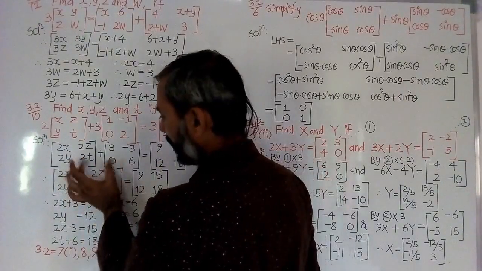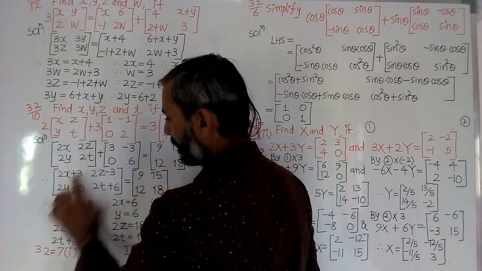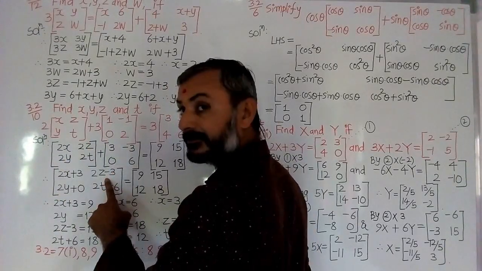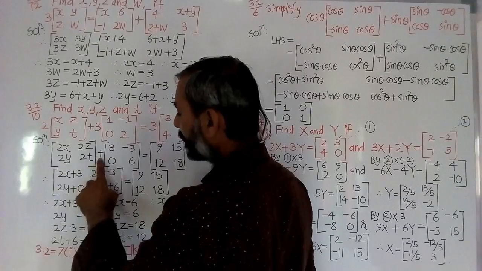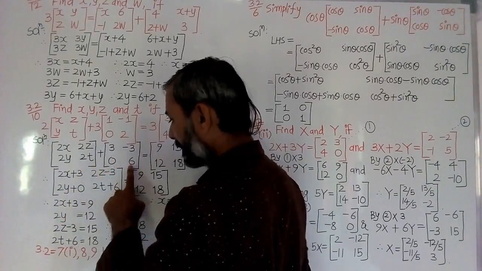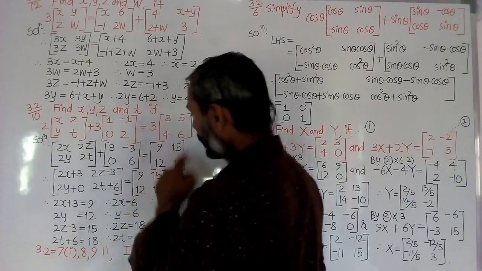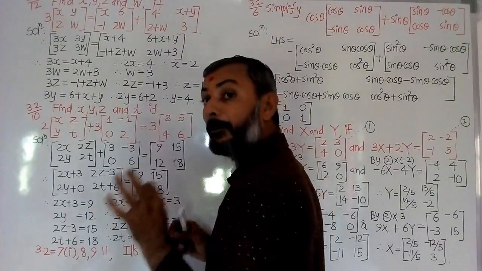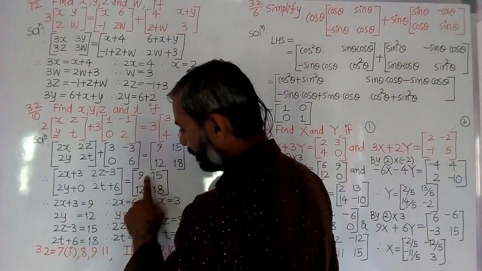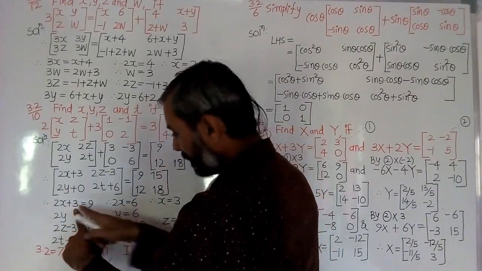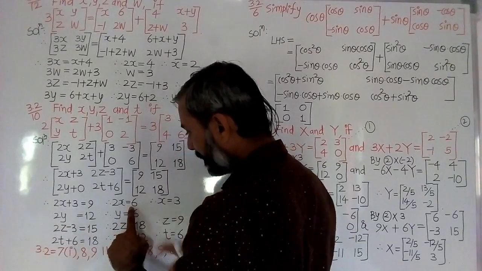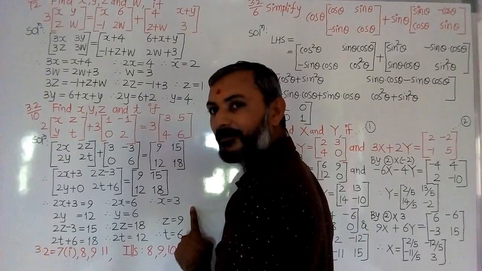Now addition. 2x plus 3, 2z minus 3, 2y plus 0, 2t plus 6 equals this matrix. Comparison. 2x plus 3 equals 9. 3 taking to the right side, 6 remains. 2x equals 6, x equals 3.